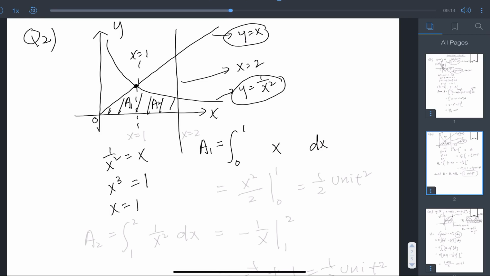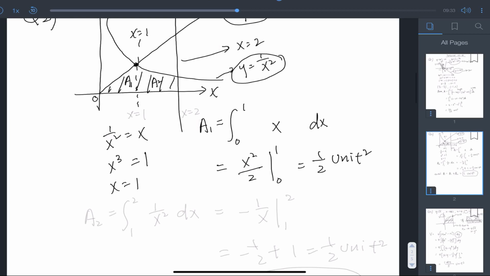So the first integral helps us find A1. You solve the integral, you get this, then evaluate the range of it. The answer is half unit square.